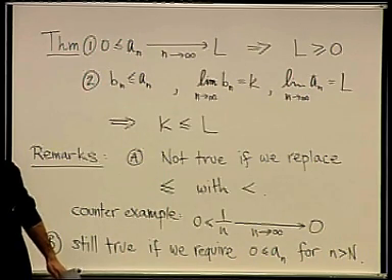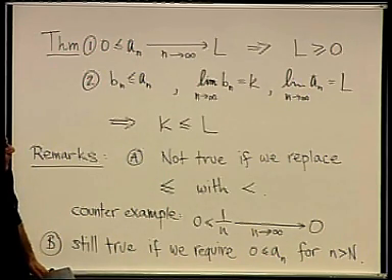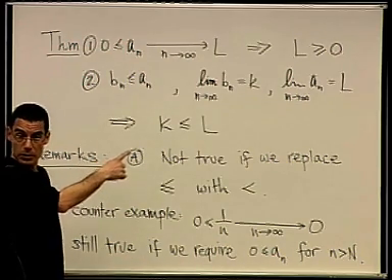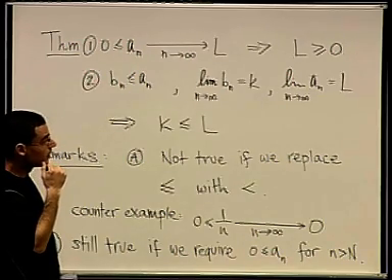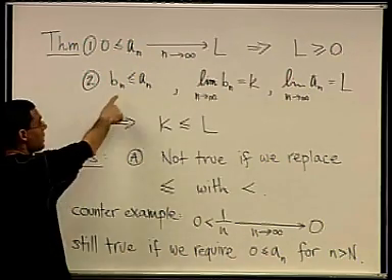This doesn't work on the other side, right? If L is bigger than K, it doesn't mean that An is going to be bigger than Bn for all the cases. That's that statement. Oh, sorry, the opposite. So from n, if An is bigger than Bn, but that's this statement.